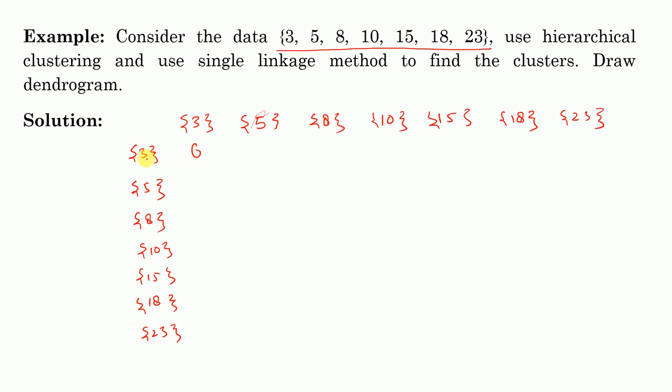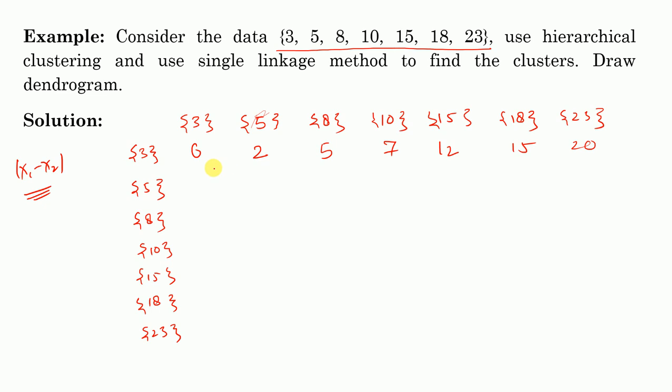So distance between 3 and 5, I am using the formula modulus of x1 minus x2, because one dimensional data is there. So 3 minus 5, this is 2, this is 5 and this is 7, and you can calculate 12 and so on. For 23, this is 20 and so on. You can calculate all these distances.